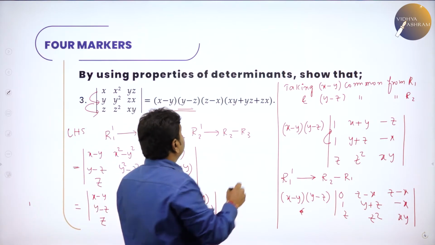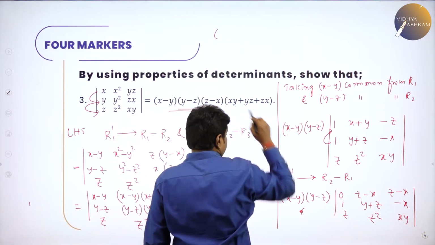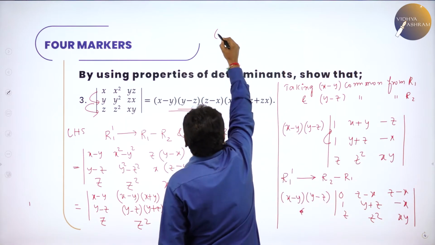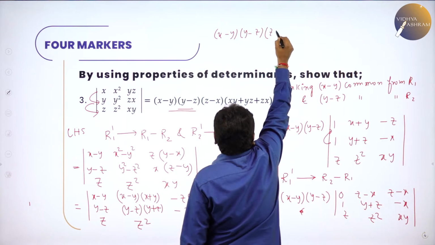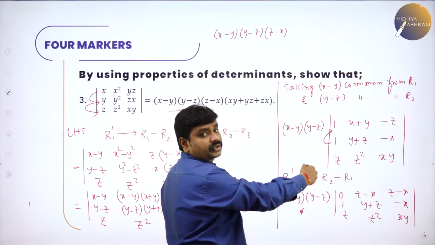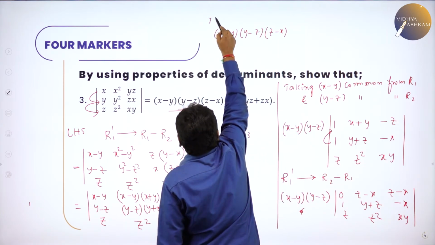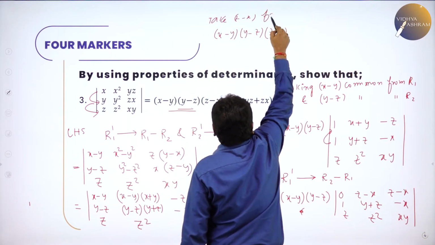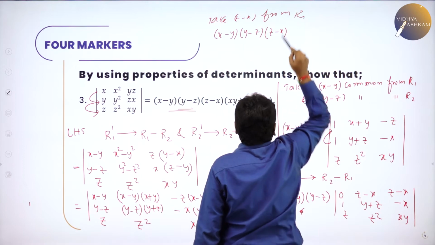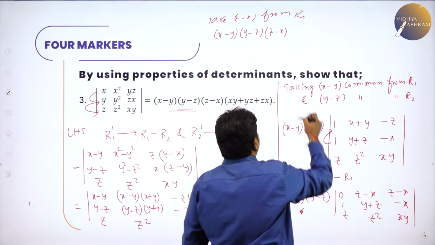Take z minus x common from the first row and expand. So now take common. Taking common, what you can take, z minus x. So already we have x minus y outside, y minus z outside. Now you take z minus x out from the first row, R1. So what is left out?